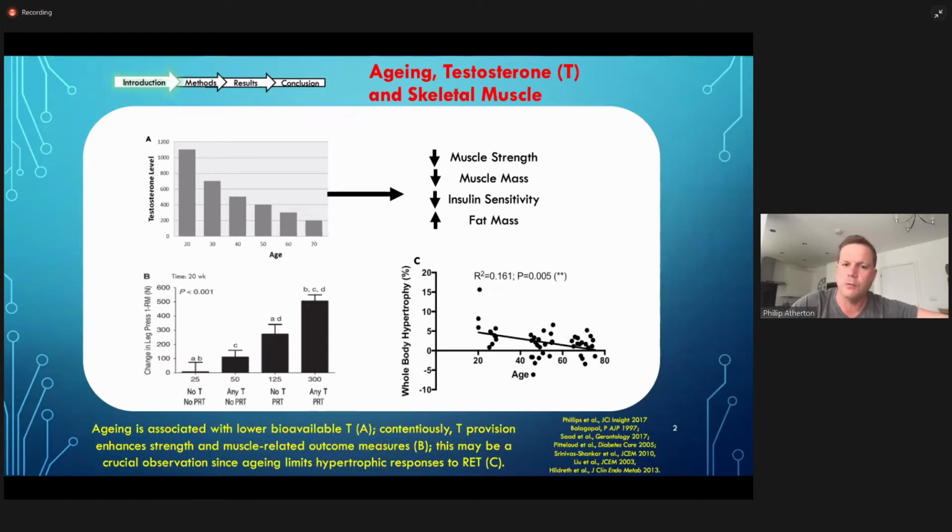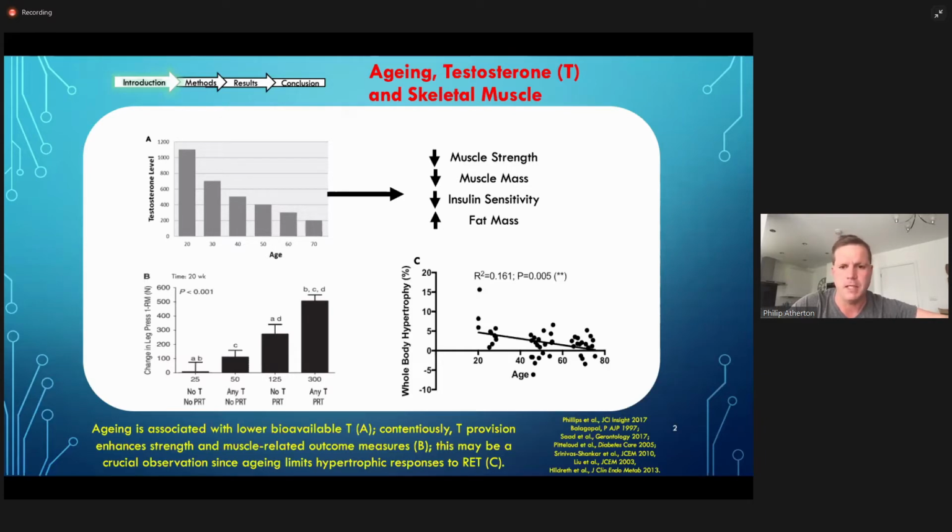One of the reasons, apart from the declines in testosterone that you see depicted in A, is that many studies, including larger scale composite meta-analyses, have shown a decline in the ability of aged muscle to grow. Strength improvements can be fairly well maintained in relative terms, but there is certainly a decline in the ability to hypertrophy older muscle.